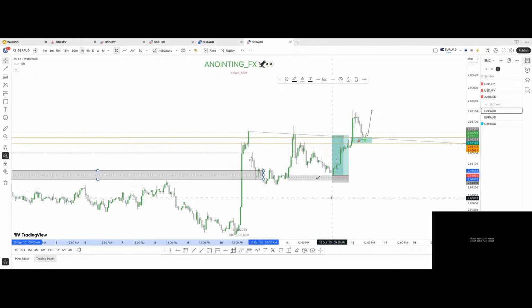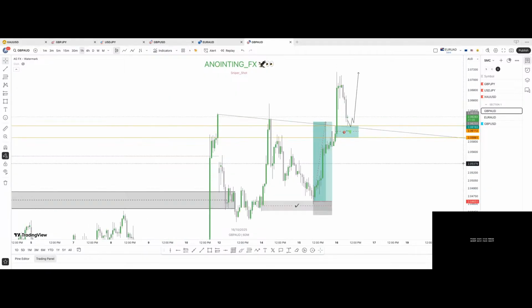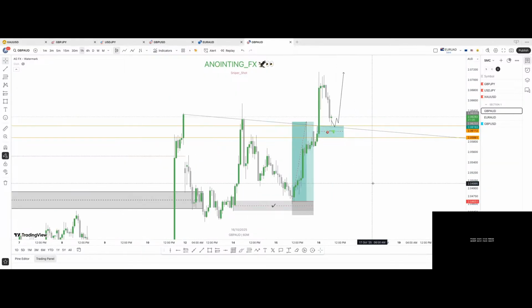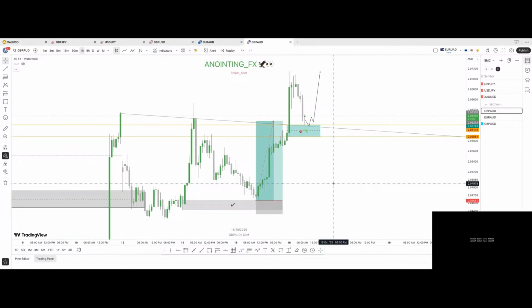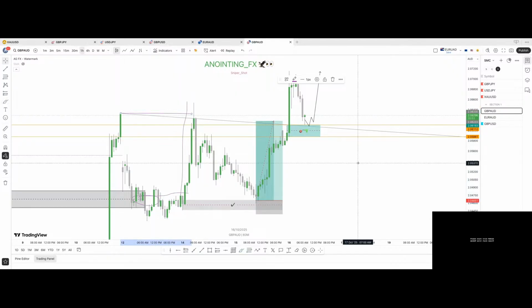Now let's look at what's happening when price went to the upside. Okay, so as price came to tap inside this particular zone, it went above, breaking structure. Okay, it broke above this one, and there's a weak breakout. Most of the time people say they don't consider weak breakouts, but then every breakout is a breakout.